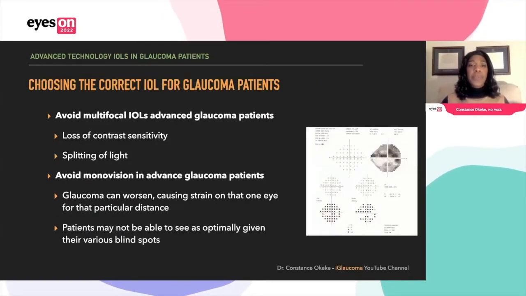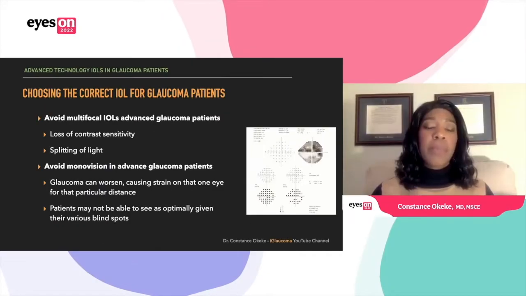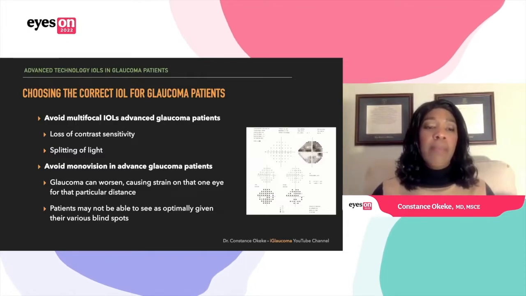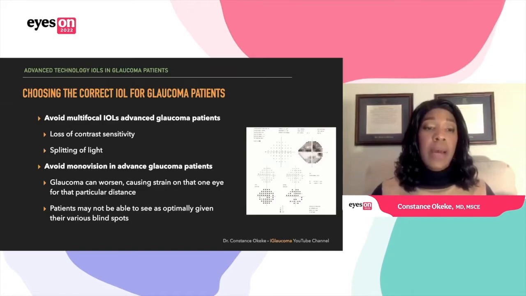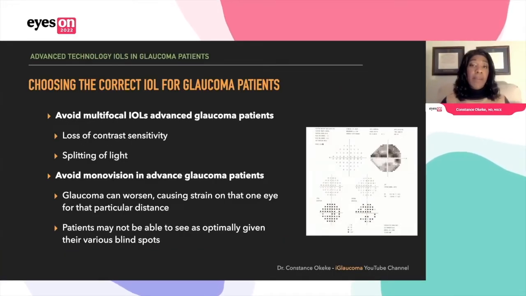We talked about multifocal lenses in glaucoma patients, being very cautious with them, and anything more than mild to moderate disease. But I want to say something about monovision patients.